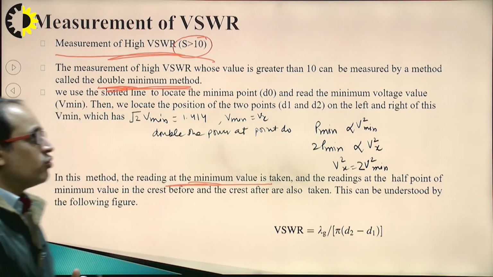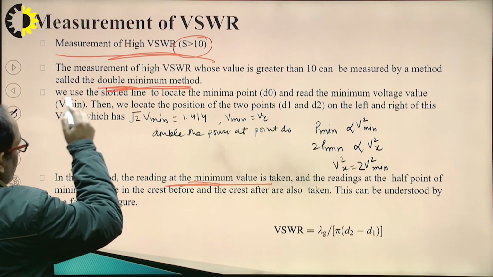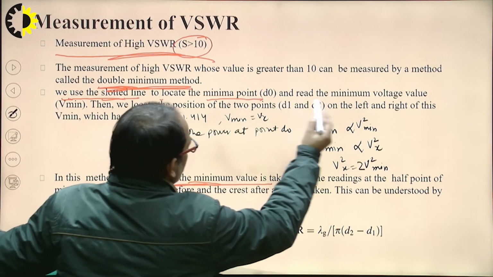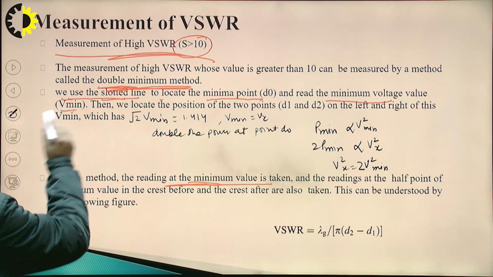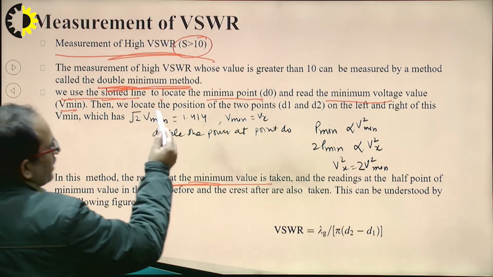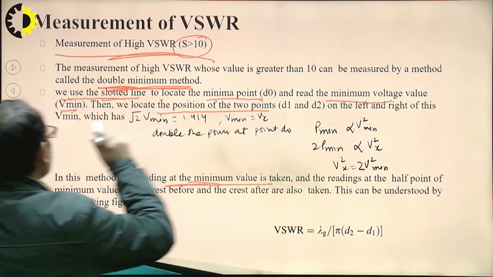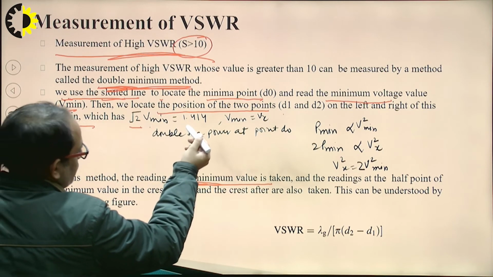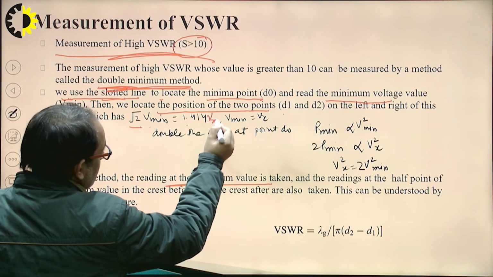Means two minima will be defined, and in this section we use the slotted line to locate the minimum point D0 and read the minimum voltage value, that is V minimum. Then we locate the positions of two points D1 and D2 on the left and the right of this V minimum, where the voltage is root 2 of V minimum, equal to 1.414 of V minimum.